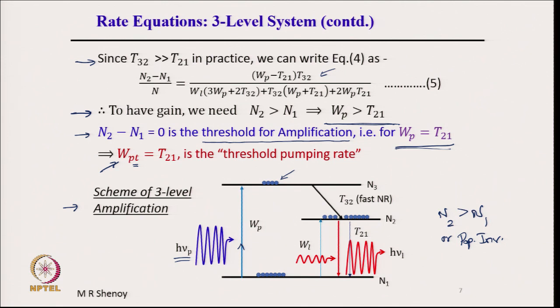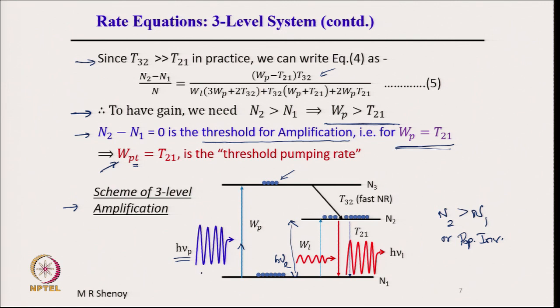When population inversion takes place, the system can provide amplification by stimulated emission. Amplification of which radiation? The radiation corresponding to this energy difference. Any incident radiation h nu L, L standing for laser, corresponding to this energy difference will get amplified by coherent stimulated emission.